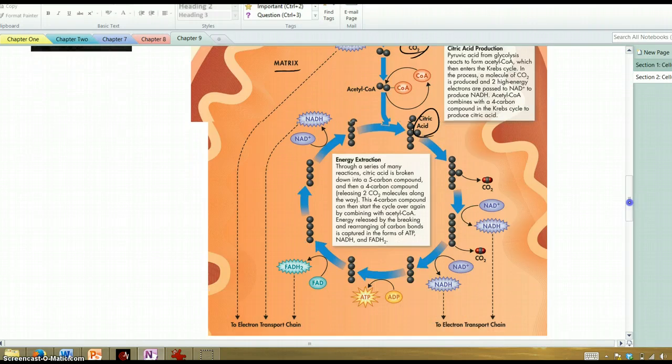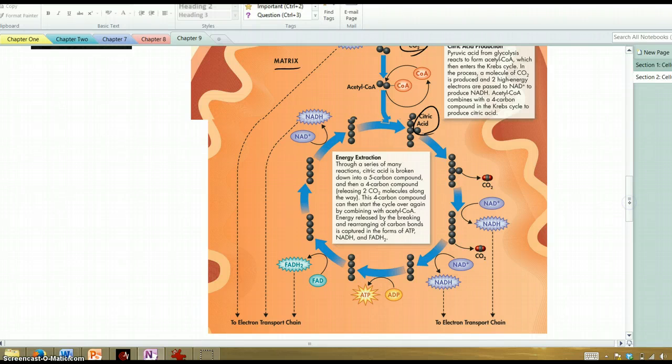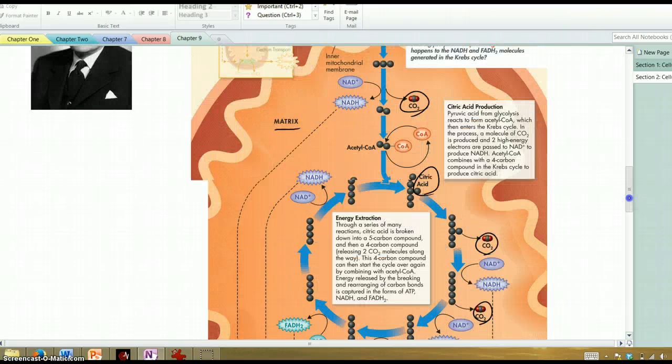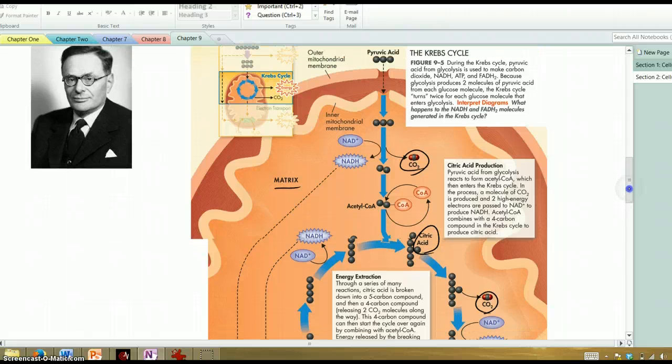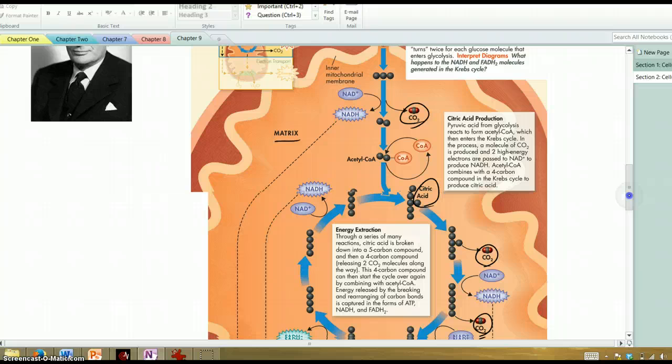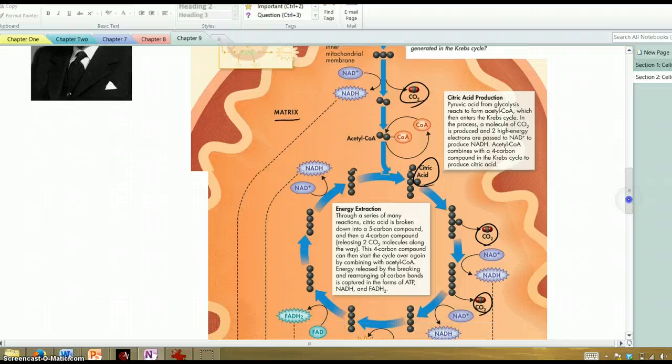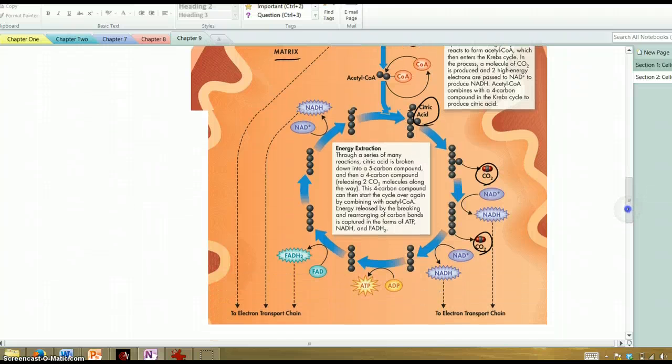And through a series of steps, we're going to produce more CO2. So essentially at this point you can see we've produced 3 CO2s, and this is just showing one of the 3-carbon pyruvates. Of course there'd be 2 of them for each glucose, but for one of them, the carbons that were in the pyruvate have now come out as CO2.